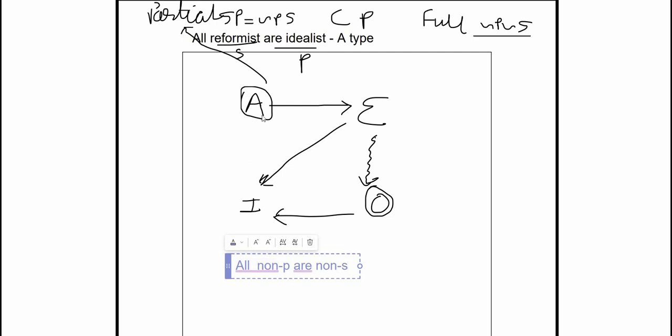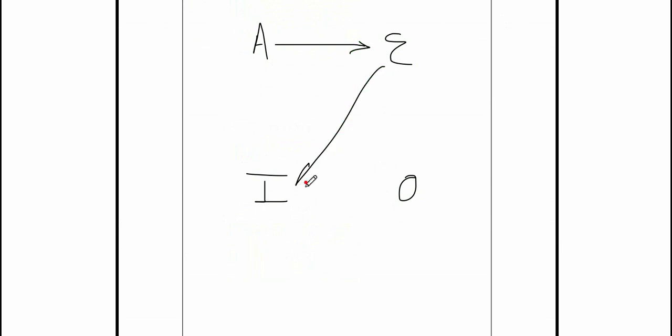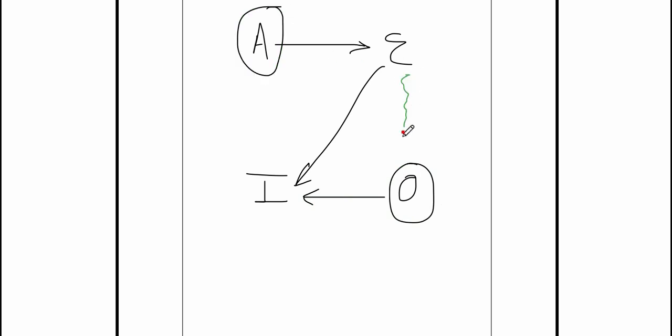So it's a very simple diagram. Immediately we can come to know. I'll draw this diagram once again, just to memorize it. So A, E, I, O. A goes to E, E goes to I, and O goes to I. These two opposite sides remain as they are for full contrapositive, and E goes to O. E type becomes O type.